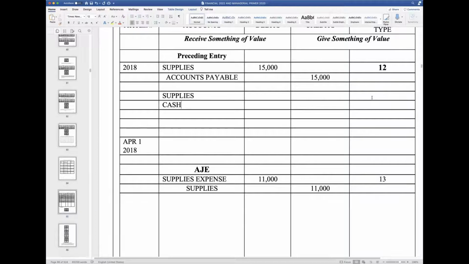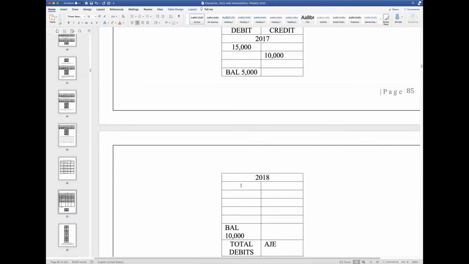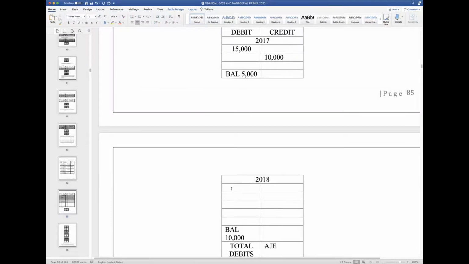So we had a cash purchase of 5,000, correct? Correct. And we had our purchase on account of 10,000, correct? Yes. All right, so when we get to 2018, that 5,000 is going to come down into 2018 from the prior year.